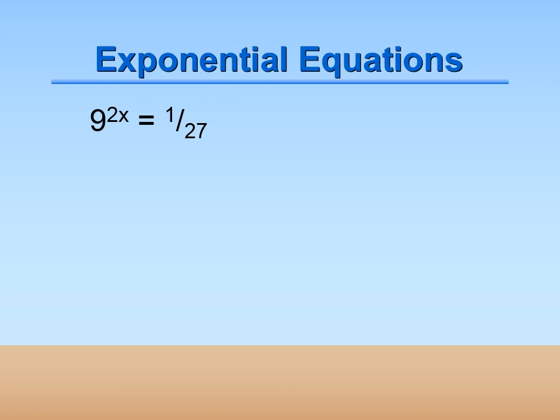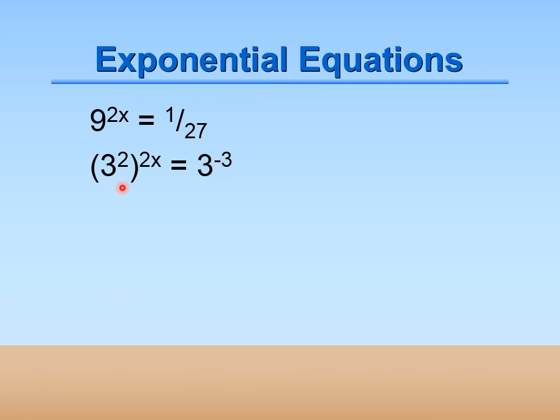And they both can be rewritten with a base of 3. So that's what we will do. The 9 will become 3 squared, because 9 is 3 squared. And we still have that 2x power, okay, equals 27 is 3 to the third. However, we want it to be in the numerator. So we're going to make it 3 to the negative third.